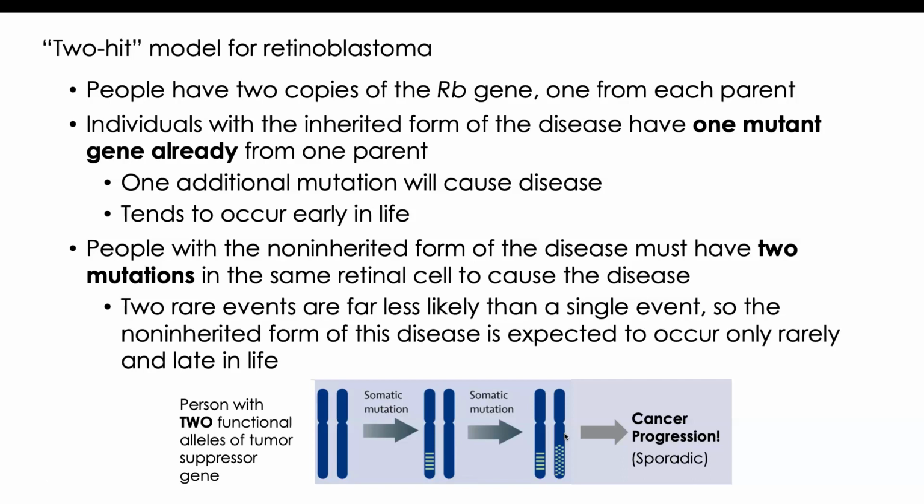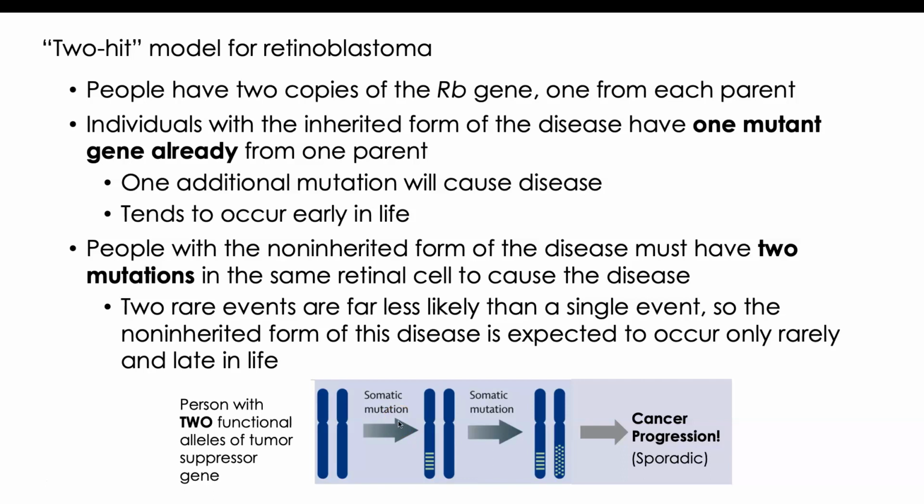Now, there are individuals who get retinoblastoma later in life, but this tends to be very rare, and it tends to happen much later in life. That's because it takes a long time for an individual to have both copies broken in a particular cell in their eye.